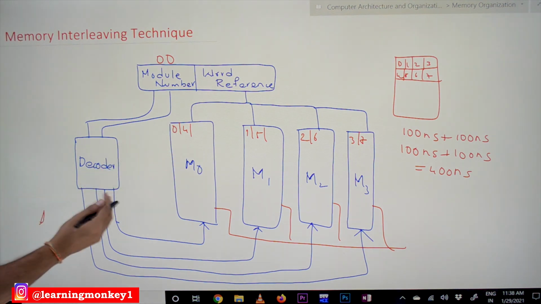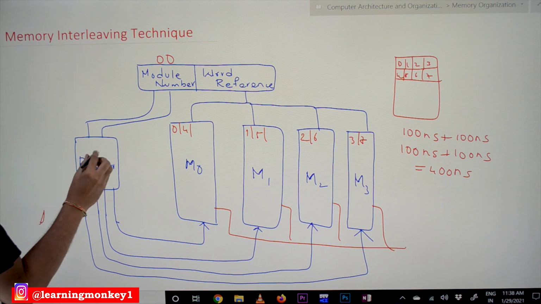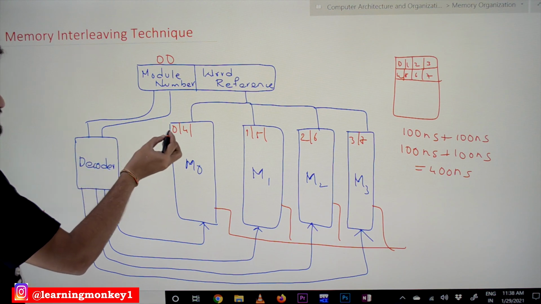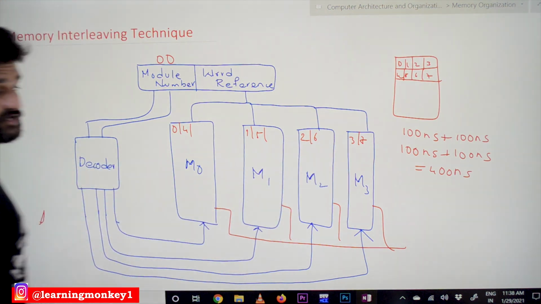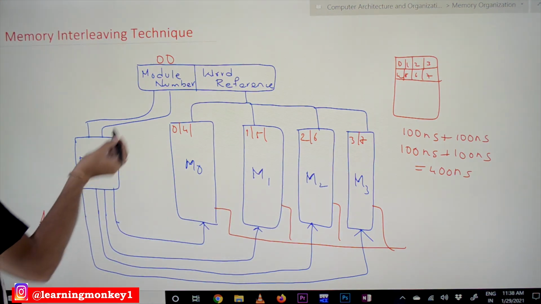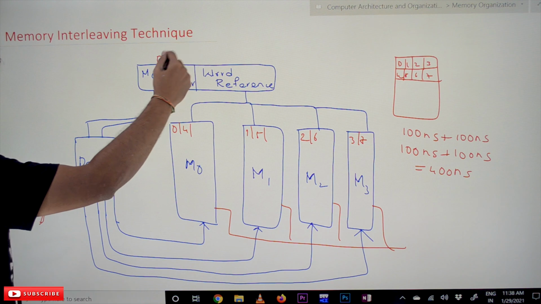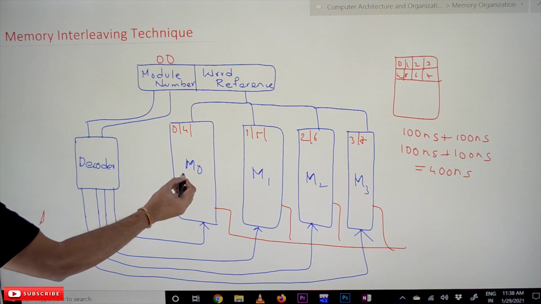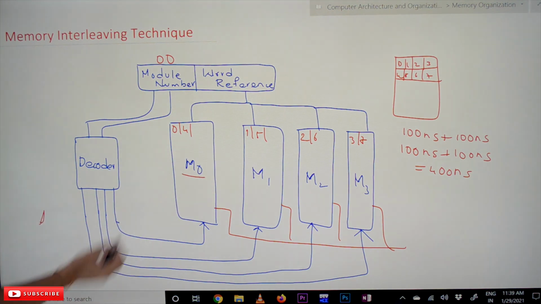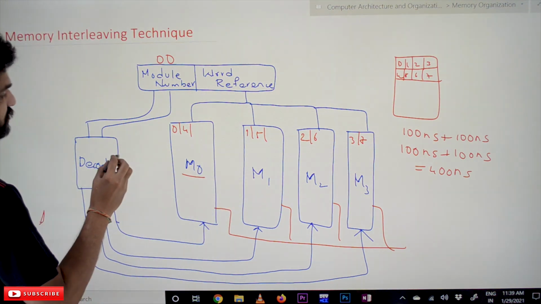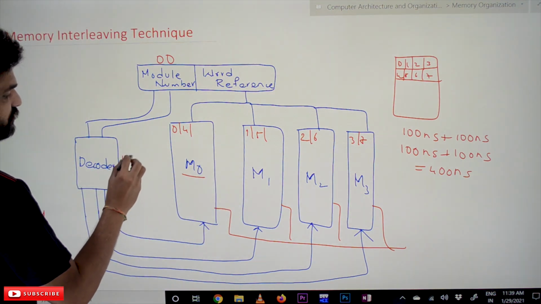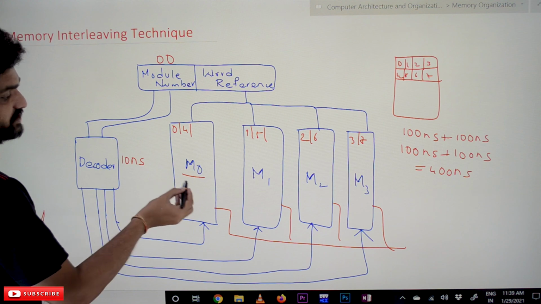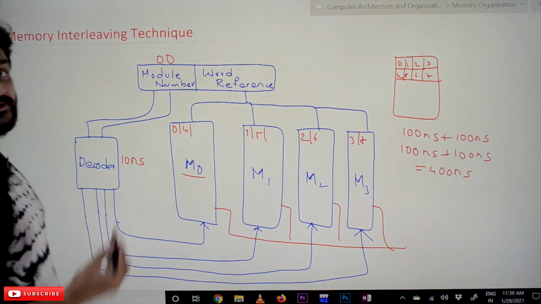So how this works and what is the time taken by this technique is what we will try to understand. For example, we want to access the 0th word, first word, second word, and third word. The address is transferred, so it is having 00, which means module 0 will get accessed. For example, if the decoder is taking 10 nanoseconds, and each module is taking 100 nanoseconds.